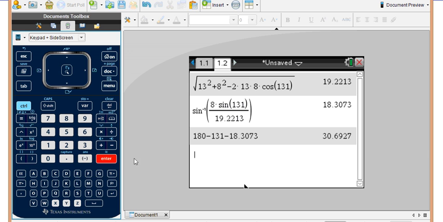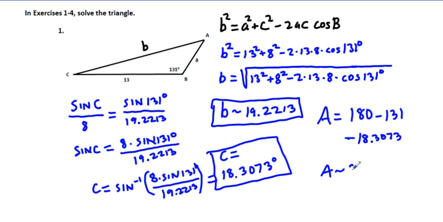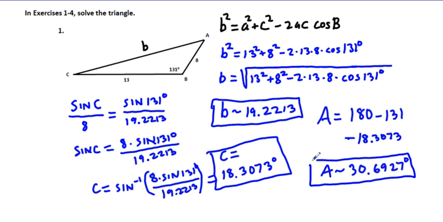So 30.6927 degrees. So there we have angles solved for side B, and using law of sines, angle C, and then just subtracting from 180 degrees, we found angle A. So that is the triangle solved in problem number 1.